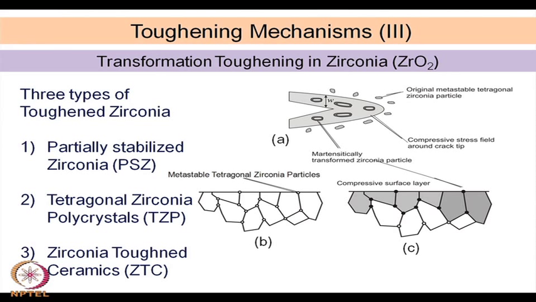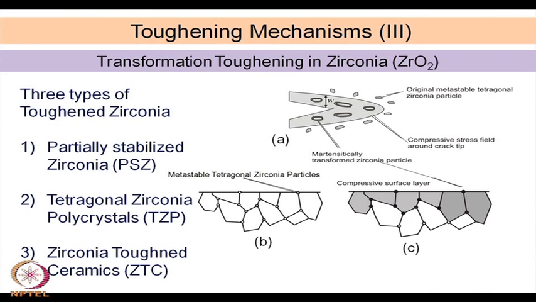Now, there is another toughening mechanism which is quite different from what we have discussed so far. This is what we call transformation toughening, and particularly in a material like zirconia, ZrO2. You may be aware, maybe in some other context we have discussed, that ZrO2 has 3 different polymorphic forms.